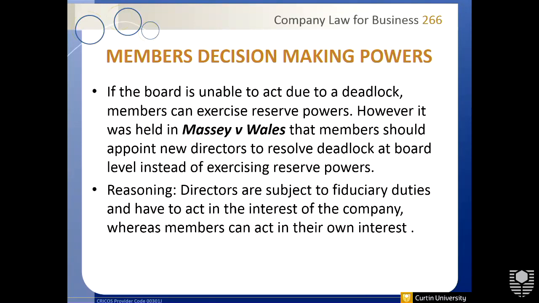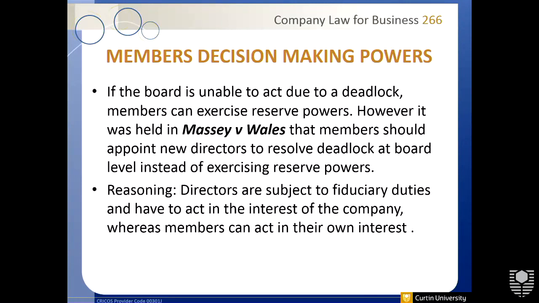Now, in such cases, there are some residual powers with the members which they are able to exercise to break the deadlock. But these residual powers are exercised very rarely. In most circumstances, they actually encourage the appointment of another director to resolve this deadlock. All right? But still, the law recognizes that members do have this residual power.